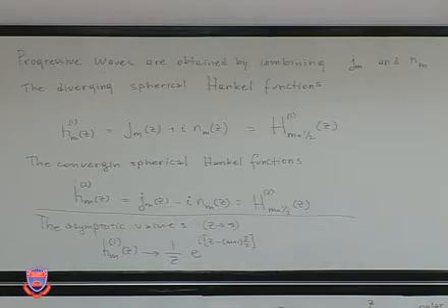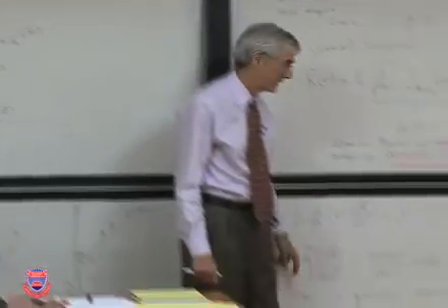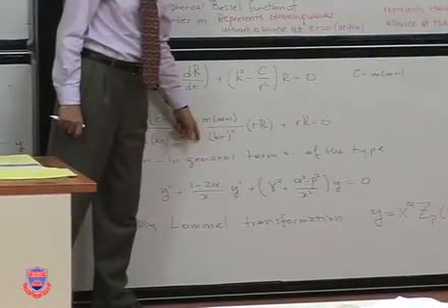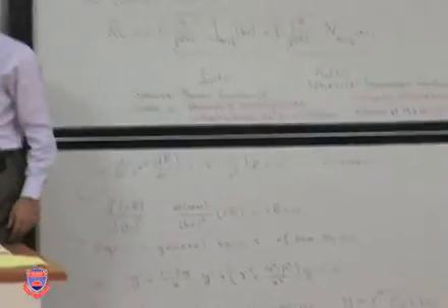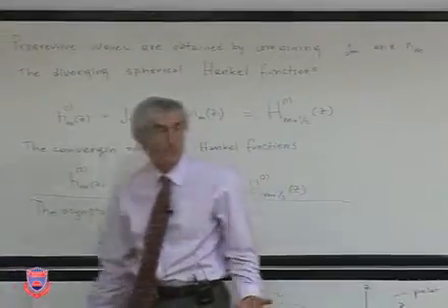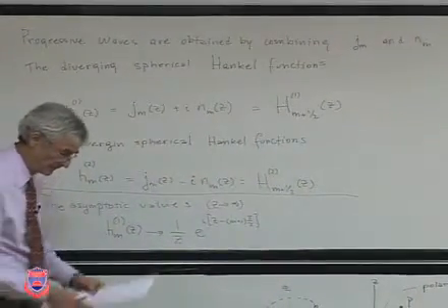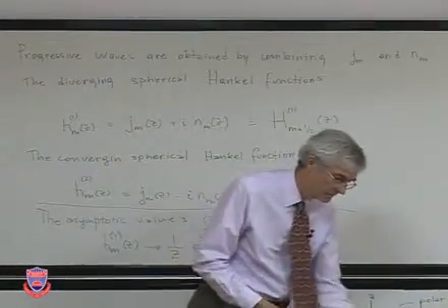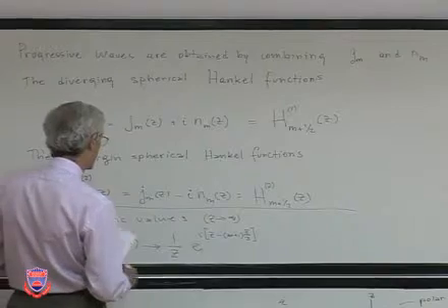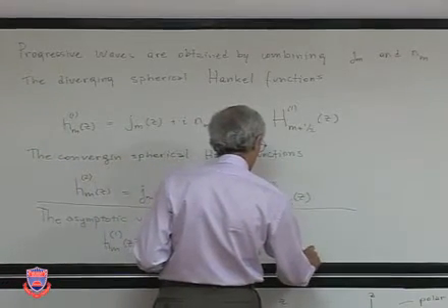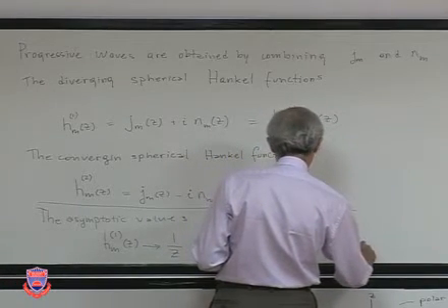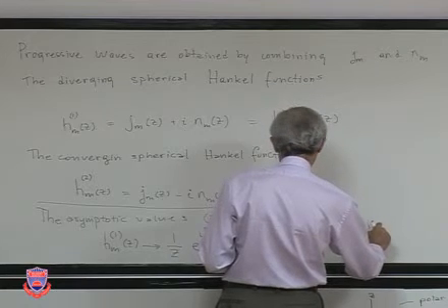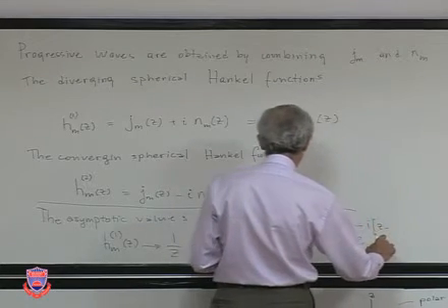We saw this when we were looking at the solution: when kr is very large, remember what the solution was? 1 over r exponential kr, and that's what this comes to as well. And of course, similarly, in this case there is a minus, because it's an incoming wave.